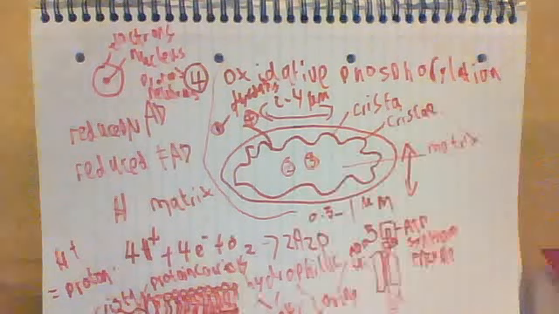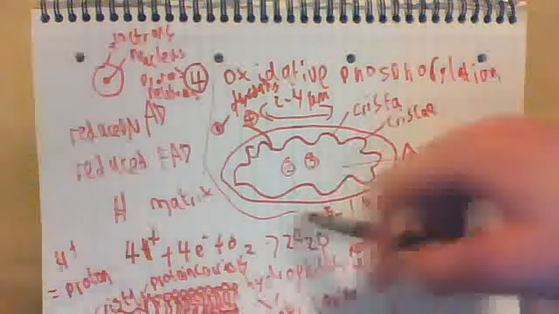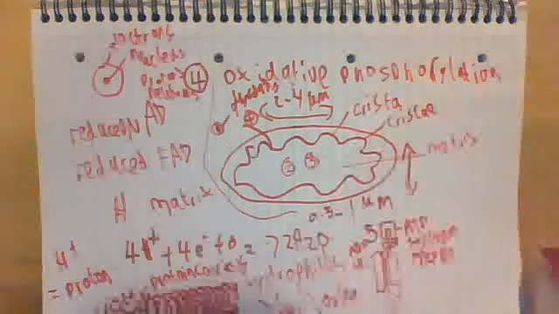So this part of the process generates the water. If you cast your mind back to key stage 3 and 4, you should know that the process of respiration generates carbon dioxide and water, and that's how the water is formed, and the carbon dioxide is formed throughout this whole process.